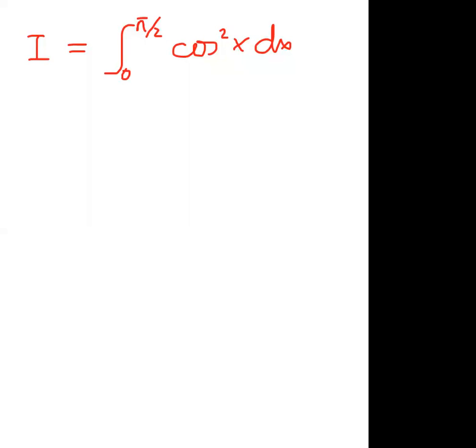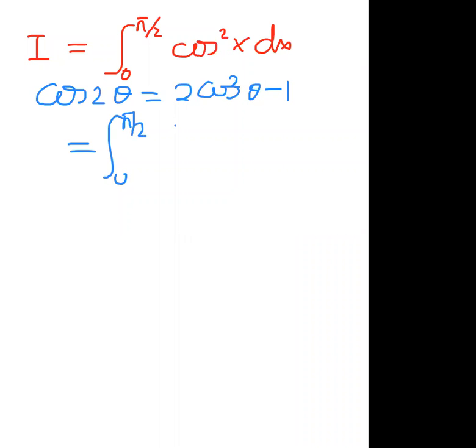We know that cos 2 theta is equal to 2 cos squared theta minus 1. With this identity we put cos square x. So it will be the integral from 0 to pi by 2 of (cos 2x plus 1) upon 2 dx.